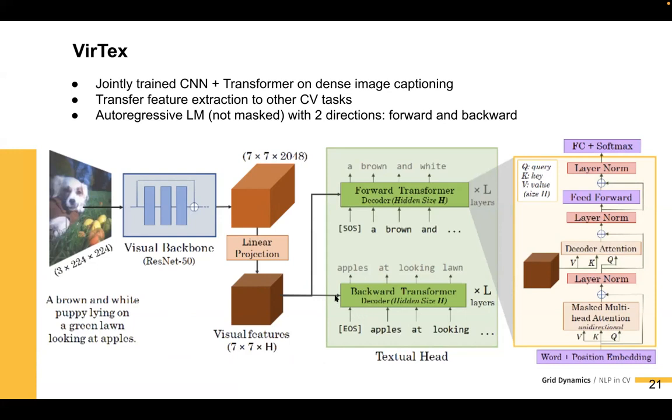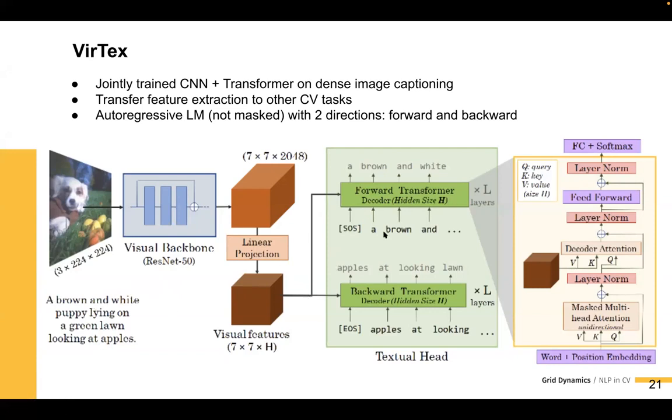Yeah, and we pass them through one layer of a backward transformer. What is the backward transformer learning? It starts, you can see, with apples at looking, so it goes backward in our caption. And in the other transformer, we have the forward transformer that looks at brown and white, purple and so on, so it looks in the forward direction of our caption.